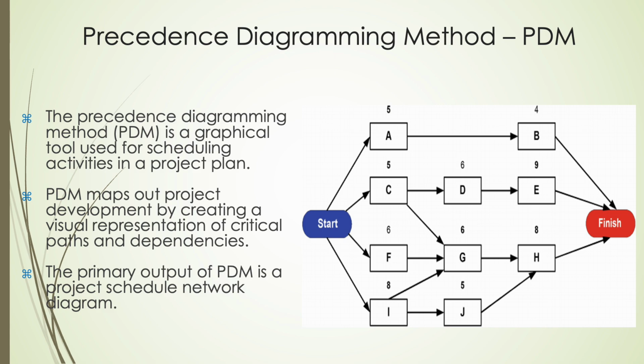By mapping project development visually, PDM helps teams recognize which tasks must be prioritized to avoid delays. The main output of this method is a project schedule network diagram, providing a comprehensive view of activities, dependencies, and timelines. This clear representation aids in effective resource allocation, risk management, and tracking project progress.